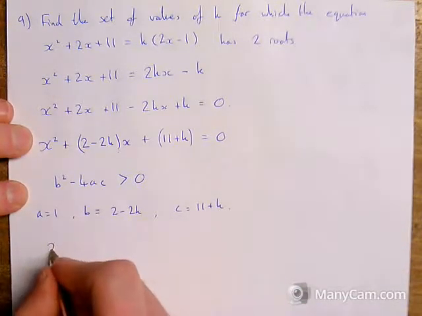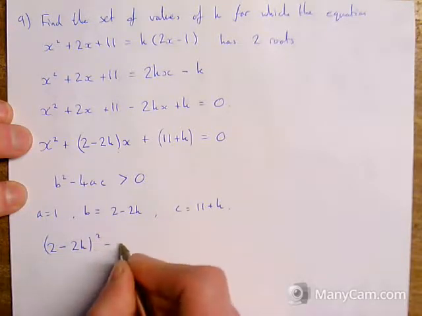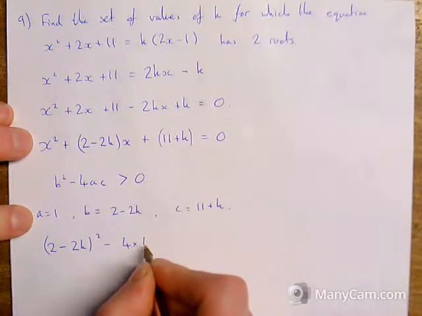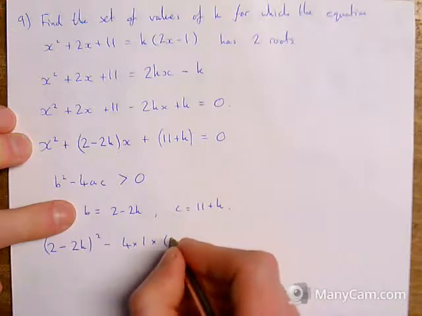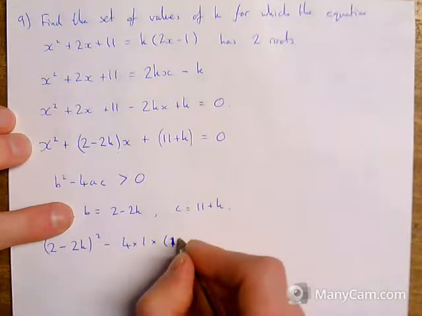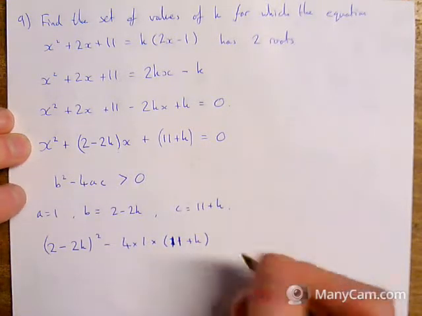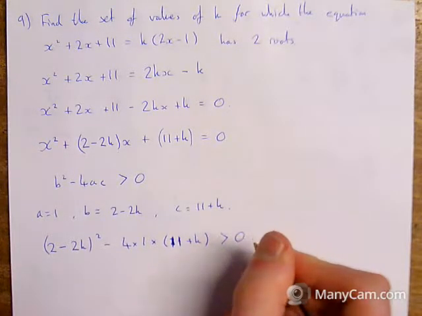Substituting all that in, we end up with (2 minus 2k) squared, take away 4 times a, which is 1, times b, which is 2, times c, which is 11 plus k, and that's greater than 0.